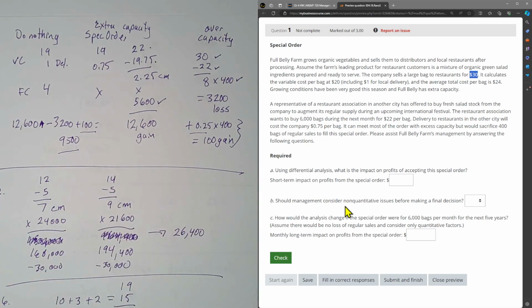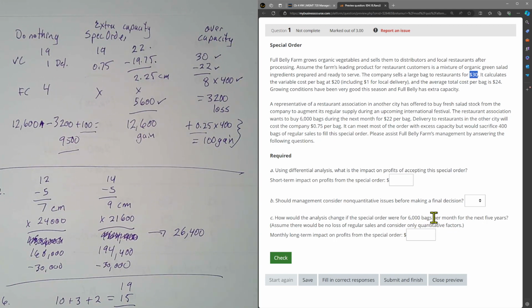Should management consider non-quantitative issues before making a final decision? The answer is yes. Whenever you're going into overcapacity and taking sales from your normal customers, you should always think about that beforehand. Now, as far as letter C, how would the analysis change if the special order was for 6,000?